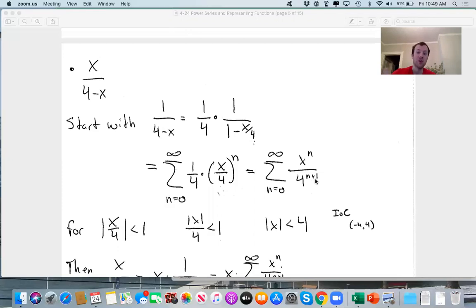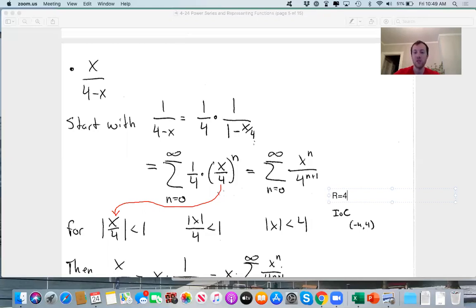To check where this converges, though, this first form is really what we want, because now we're thinking we have a geometric series. This converges if the r in here has absolute value less than 1. We can break the absolute value up over the fraction and multiply both sides by 4. And right here, this is where we figure out the radius.